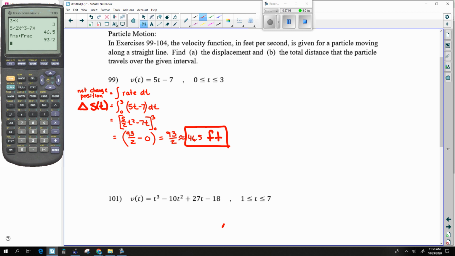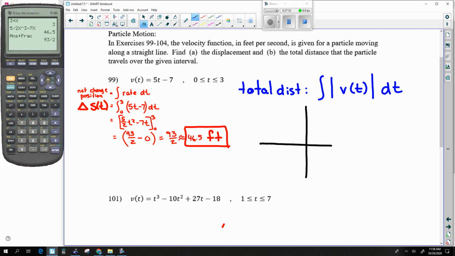But was that the total distance traveled? And here's what the total distance is. The total distance is very similar to this, but it is going to be the integral of the absolute value of v. So again, velocity determines direction. So if I run to the right, and then I run to the left, and then I run to the right.